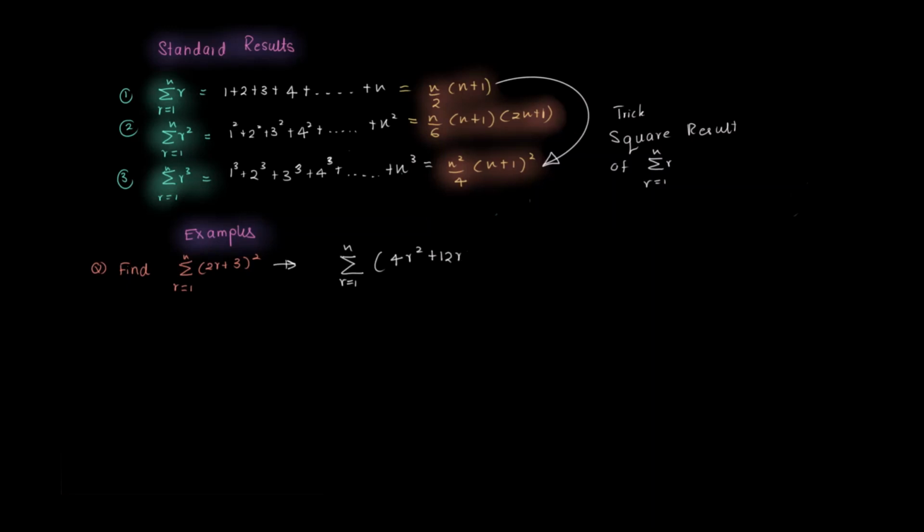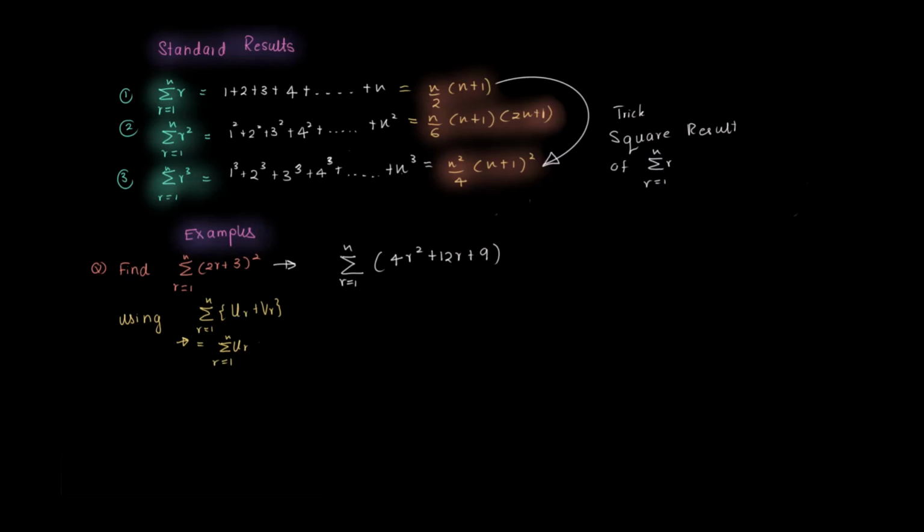So let's expand this. If we expand that, it becomes 4r squared plus 12r plus 9. And now let's use a rule. Actually, let's use the first rule, the summation of two general terms, sigma ur plus vr, r is equal to 1 to n. So you can take the summation individually.